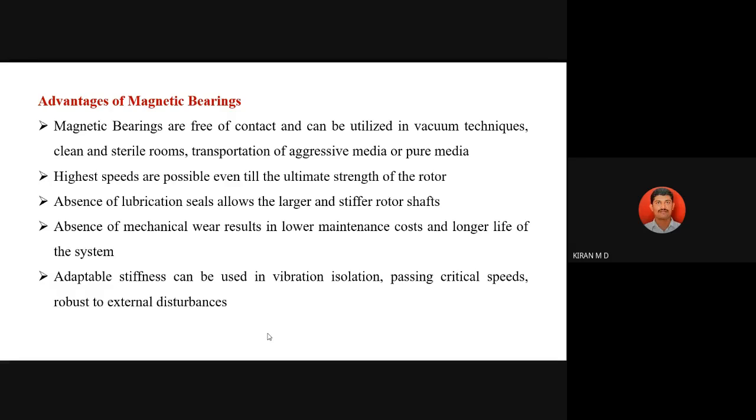Okay, so if you are using a magnetic bearing, by creating the magnetic force, we can avoid or pass the critical speed also. And robust to external disturbance means if there is any external disturbance, either pressure difference or vibration or other conditions, it can still run easily. Okay, these are the advantages of magnetic bearings.